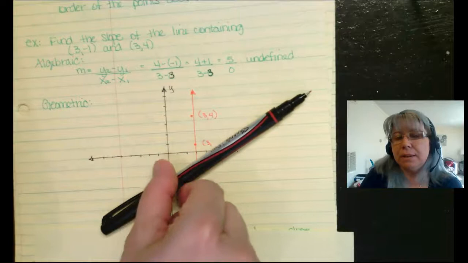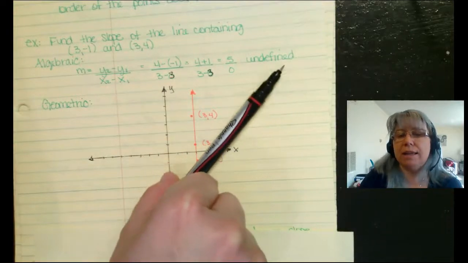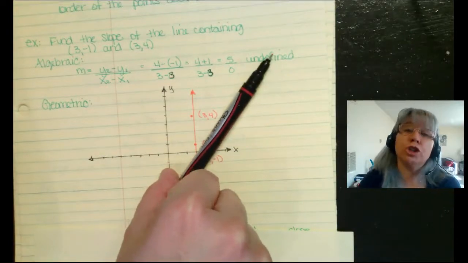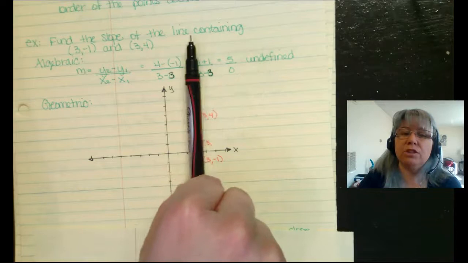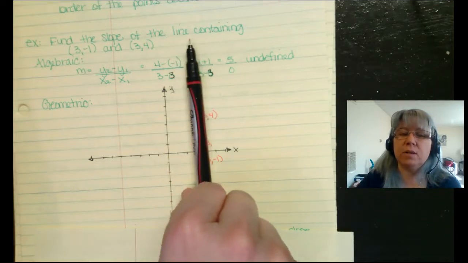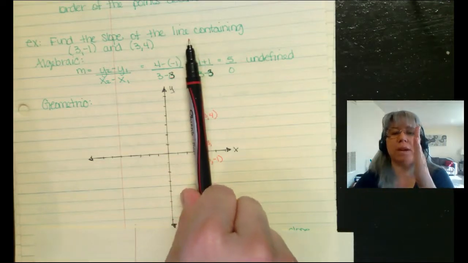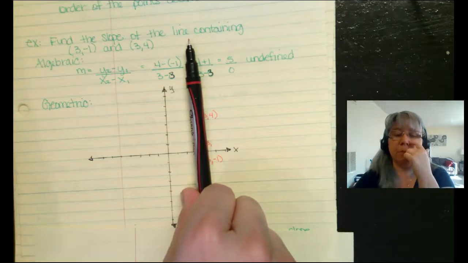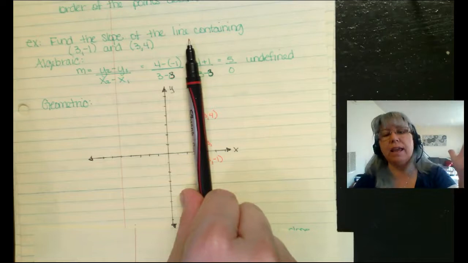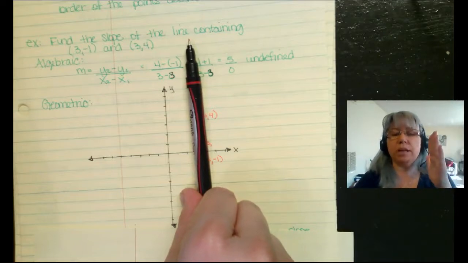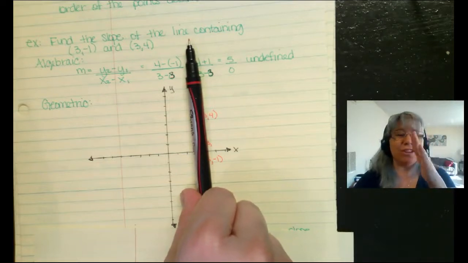And the steeper I get with my line, the larger my coefficient is, right? My slope. Well, eventually, I can only get so big. I can only get so straight up and down, so steep, before I kind of hit a wall. Here, literally have hit a wall. A wall is straight up and down. It should have no slope.